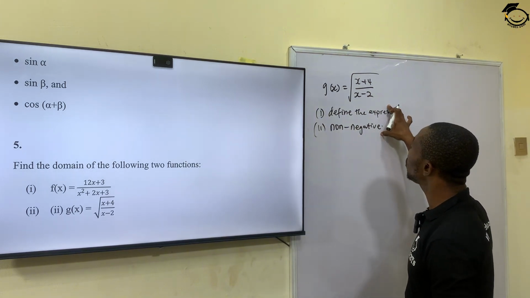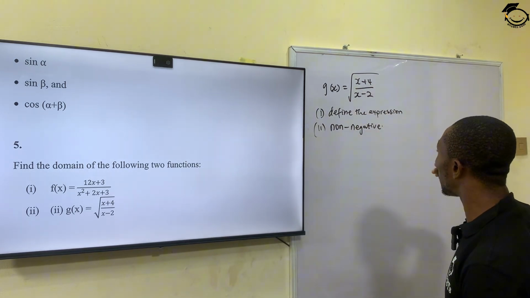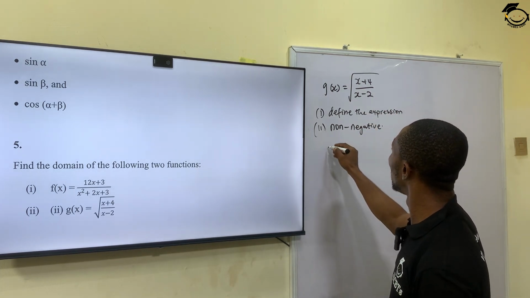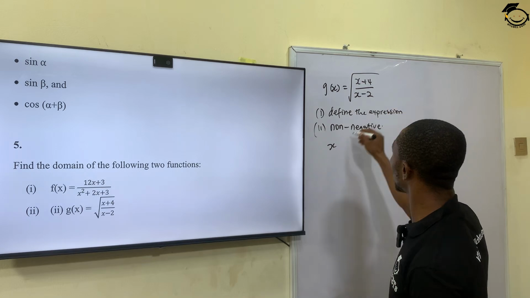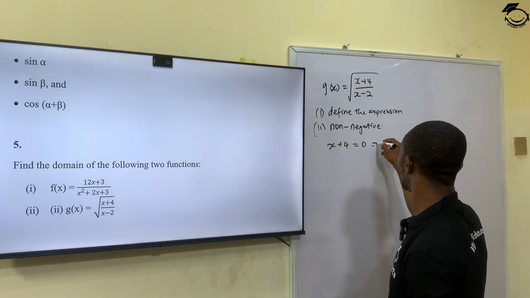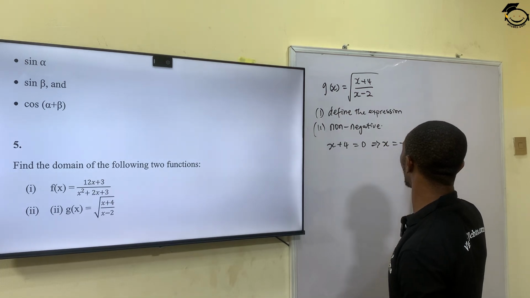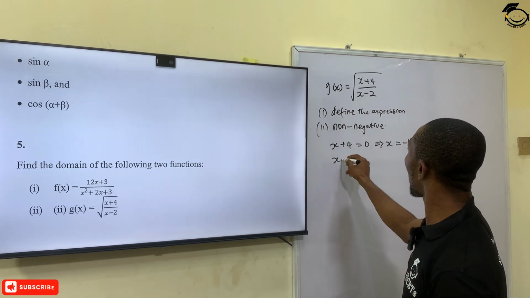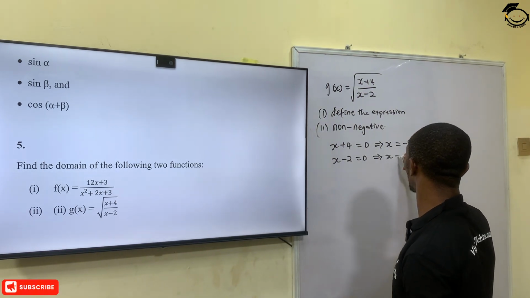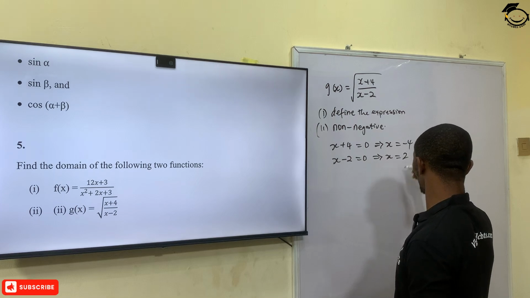These two will help us find the domain. For the numerator, x plus 4 equals 0, so x equals minus 4, and x minus 2 equals 0, so x equals 2.